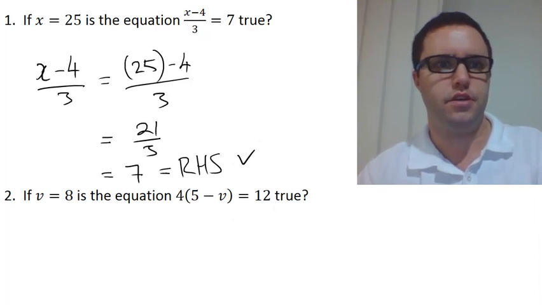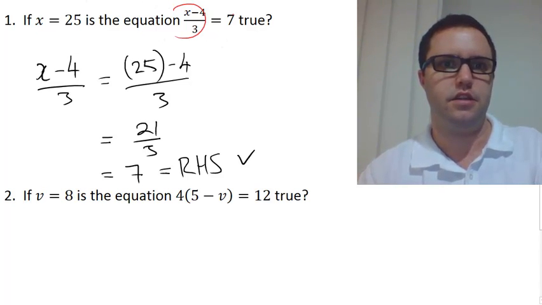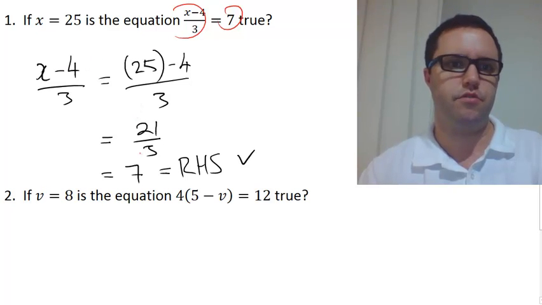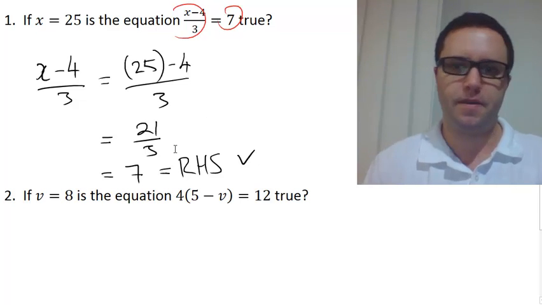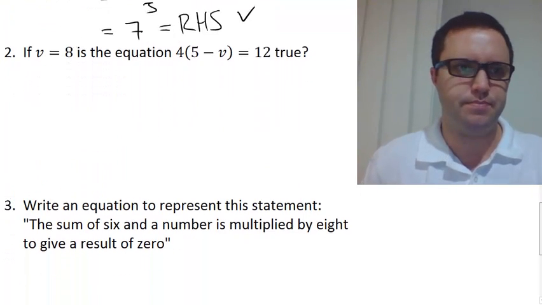Remember that idea of this is the left-hand side, this is the right-hand side. So I work through and it equals 7, which is equal to the right-hand side, which makes it a true statement.